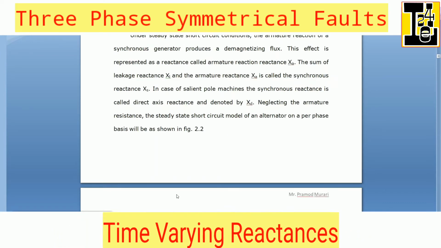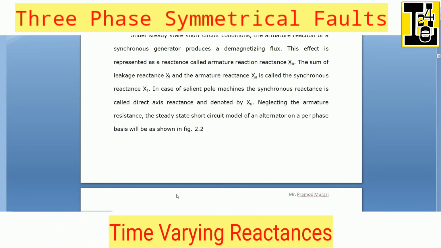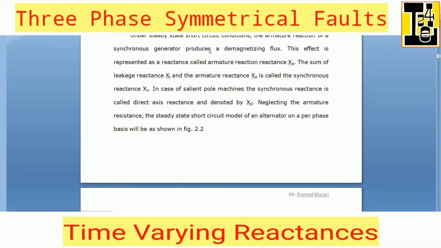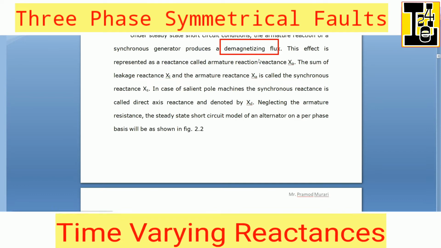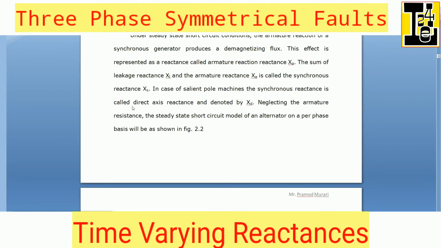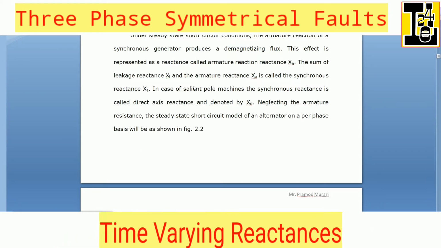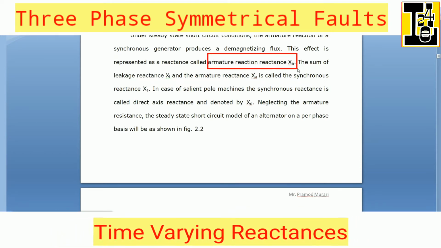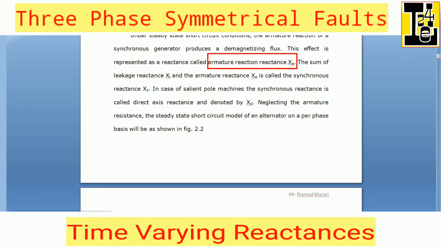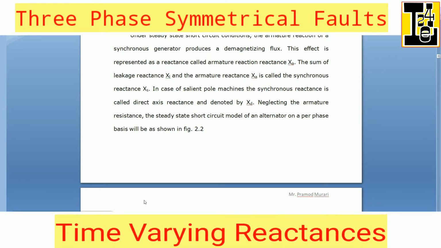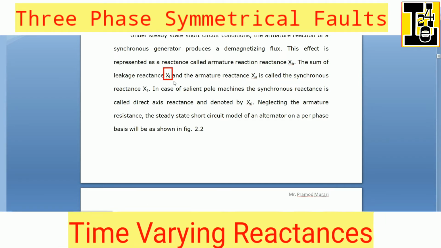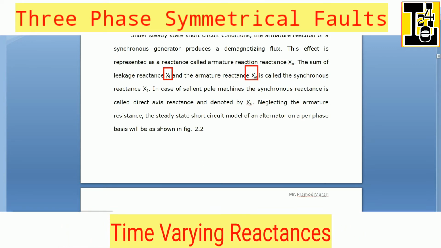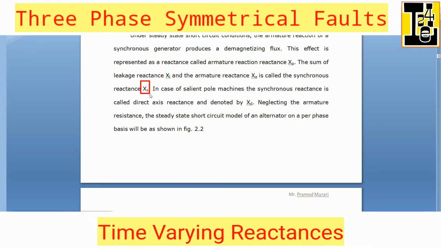Under steady state short circuit conditions, the armature reaction of a synchronous generator produces a demagnetizing flux. So this effect is represented as a reactance called armature reaction reactance, XA. The sum of leakage reactance XL and the armature reactance XA is called the synchronous reactance XS.